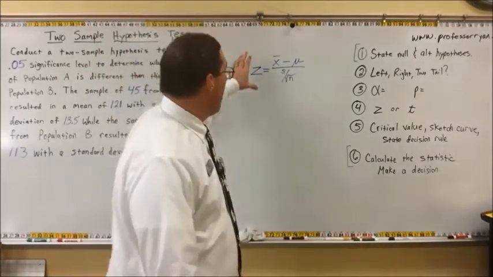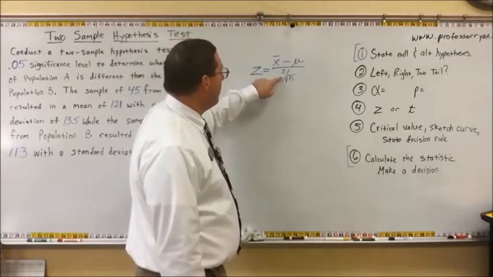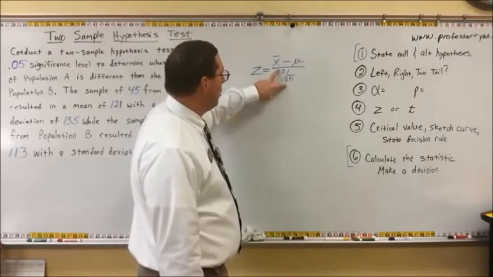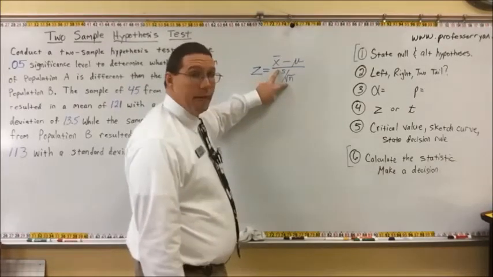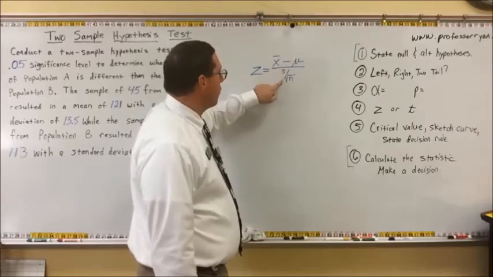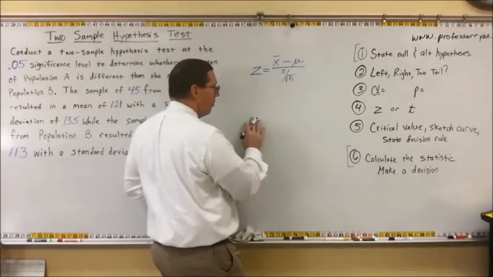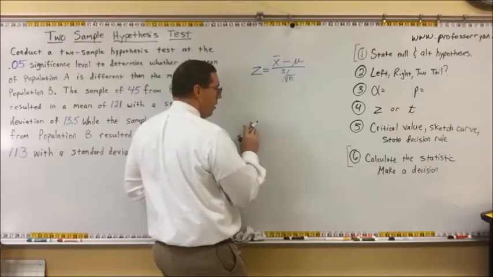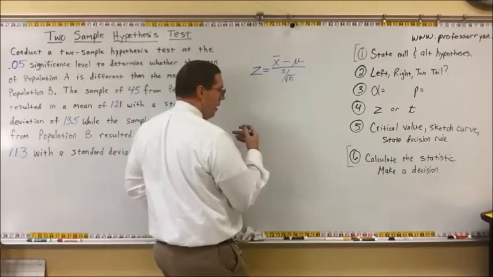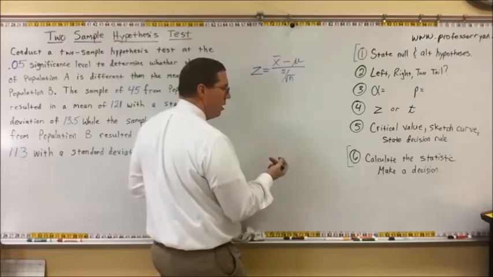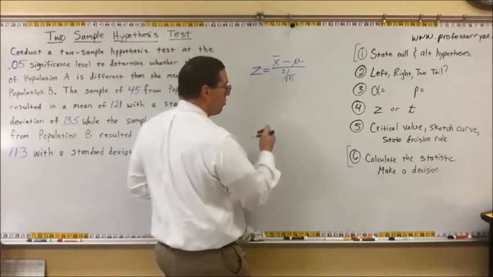Now, in order for me to modify this formula, I need to talk a little bit about this denominator here, this s over the square root of n. I want to show you something. Before I talk about that, I want to show you an example of a simplification with radicals, with square roots.